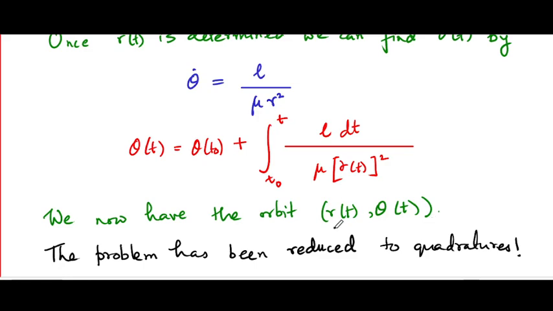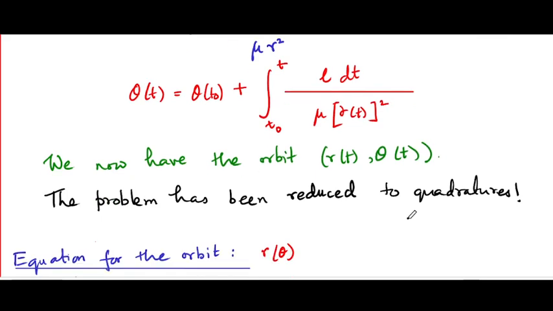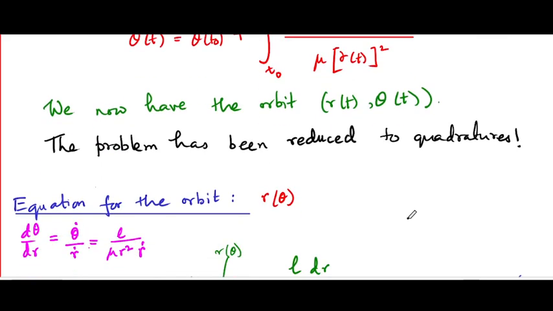Of course, if you did get r of t and theta of t separately, you could eliminate t between the two and find r as a function of theta. However, it is actually easy to directly calculate r as a function of theta, and for that all you need to do is take a look at this equation.